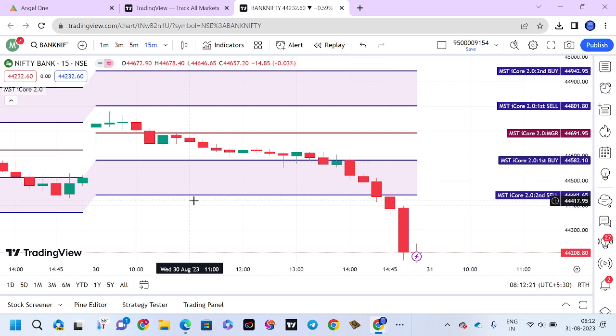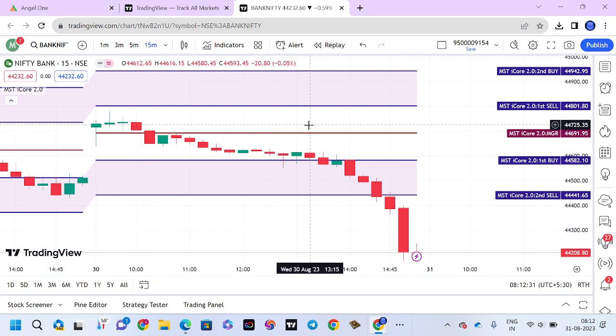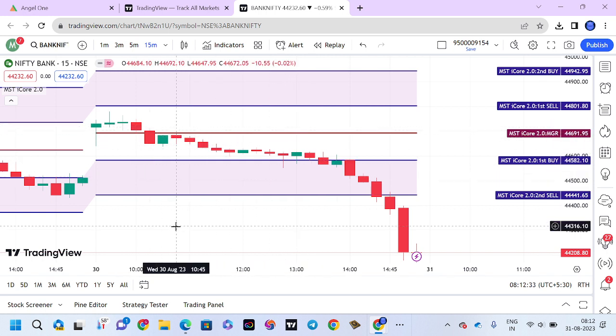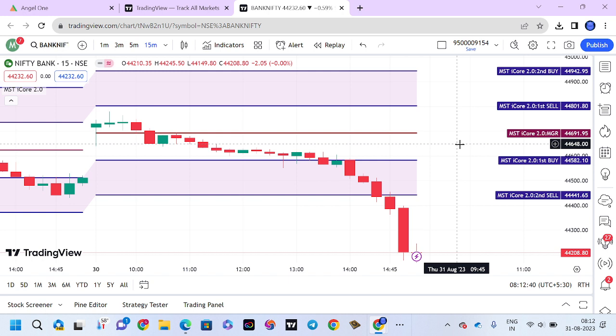If it is deep ITM, like 200 points, 300 points, the movement will be almost 0.8 to 0.9, which means if 100 points are moving in the spot, in the ITM it will move around 80 to 90 points, almost equivalent to the spot price. That is why we prefer taking in the money trades. Hope it is clear.